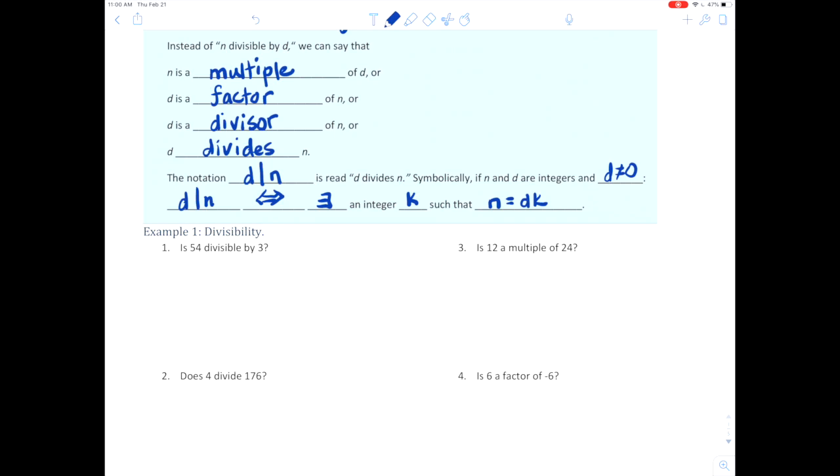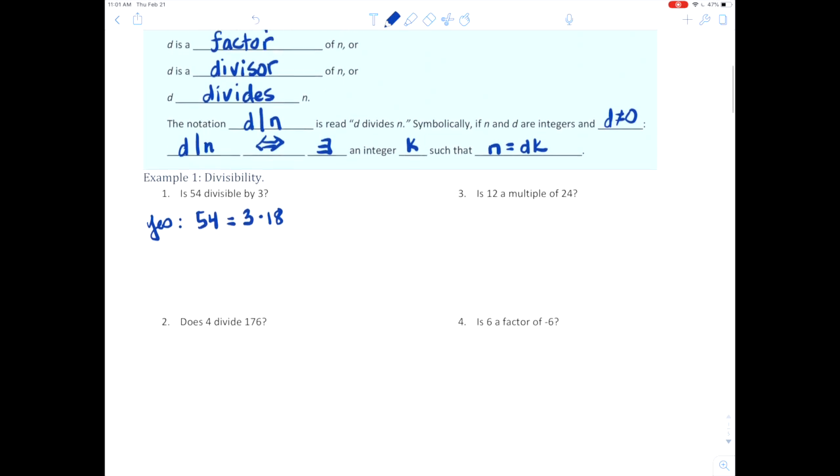Yes, because we can write 54, which is the n in this case, equal to 3, which is the d from the definition, times what? 3 times 18 is equal to 54.